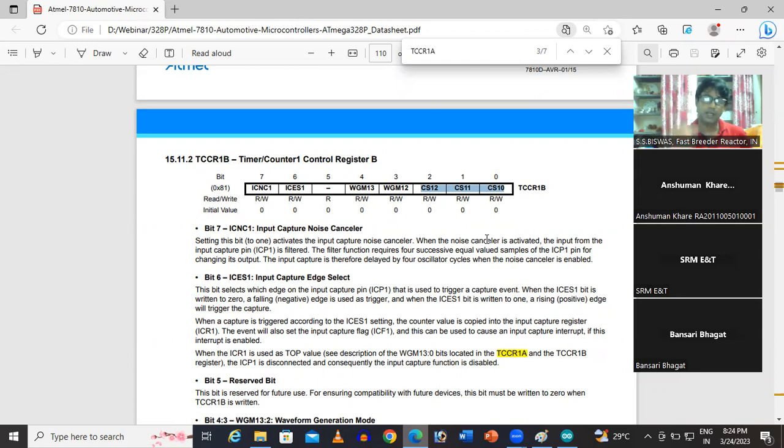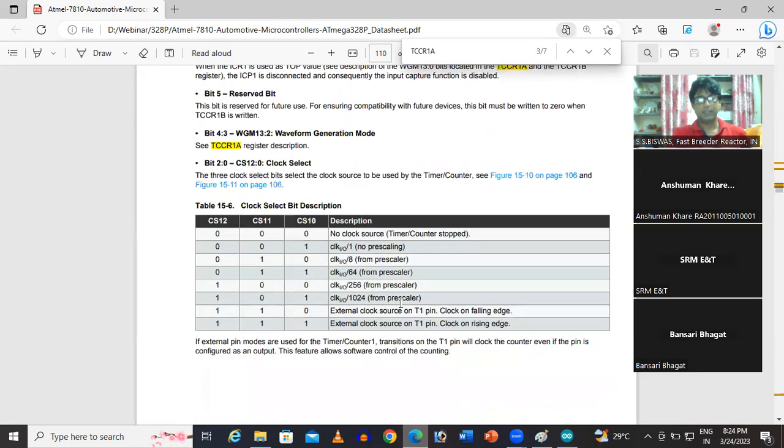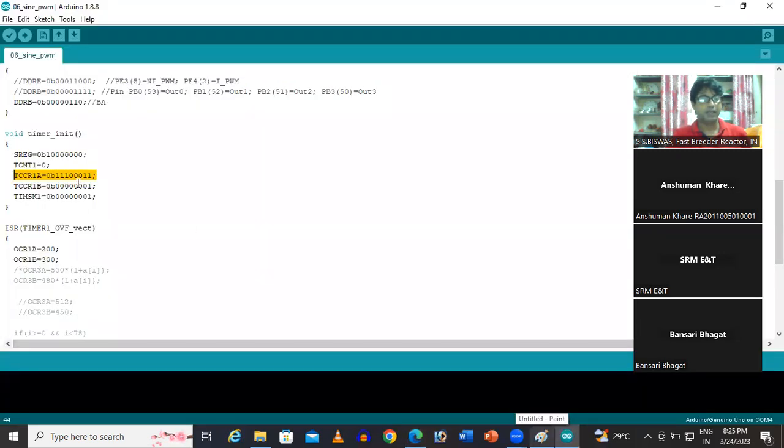So you have to reduce the effective clock of the timer. For that purpose, these 3 bits are there. If it is 000, no clock, meaning the timer is off. If 001, it runs without any prescaling. Here I use 001, which means at present there is no prescaler.